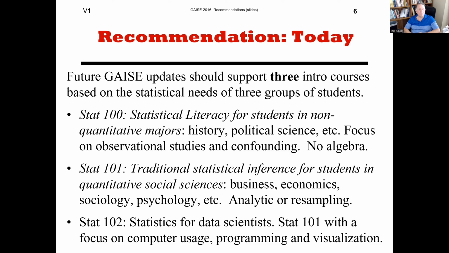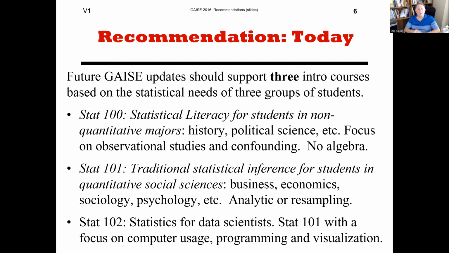Stat 101. This is a traditional course. It's a good course for a particular audience, students in quantitative social sciences, business, econ, sociology, psychology. It can be taught either analytically, historically, or using resampling. That's fine. An algebra requirement makes sense to me. Stat 102, statistics for data scientists.